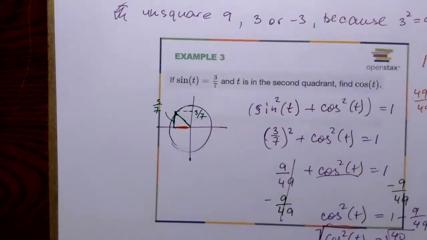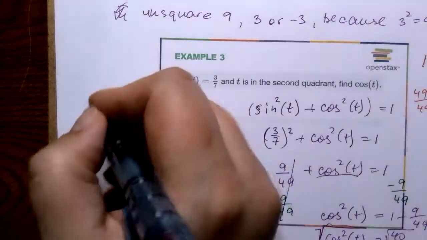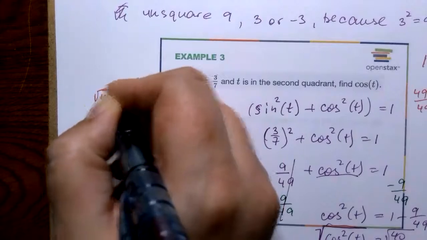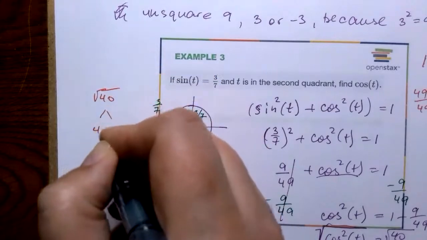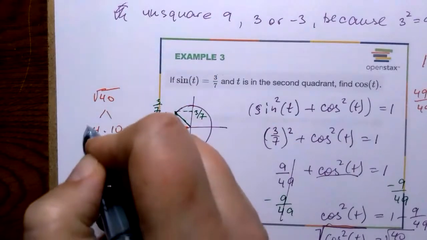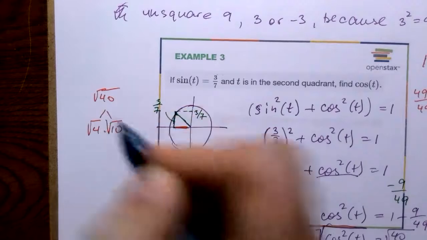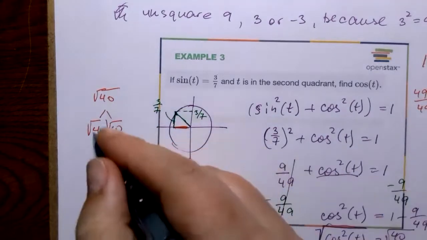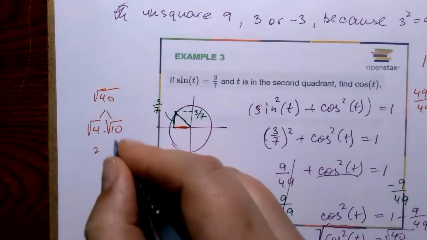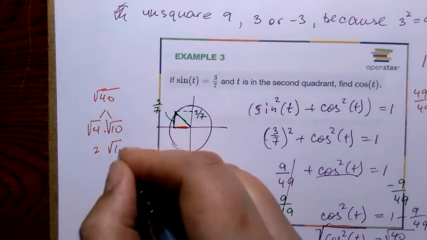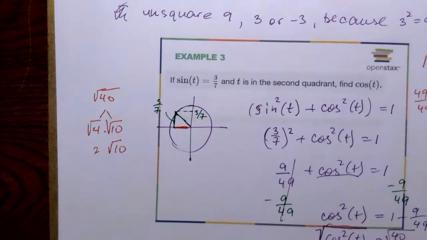For the square root of 40, I'm going to split 40 as 4 times 10, and I'm going to take the square root of each factor separately. The square root of 4 is 2. The square root of 10 is irrational and cannot be simplified anymore.